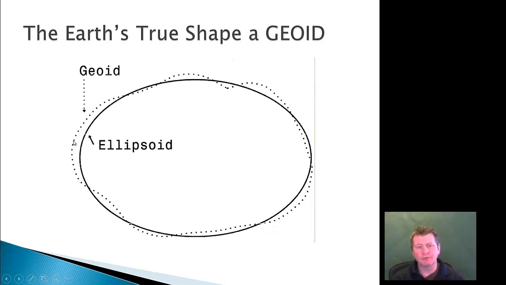So the reference surface that we really need to measure everything from is this geoid, which would vary depending on where you were on the globe. If you were over on this portion of the globe, for example, you would want an ellipsoid with a bigger radius so that it would better fit. That's why there were discussions of which ellipsoid was best: this ellipsoid might work pretty well for a country in here, but it's not going to work very well for a country over here.